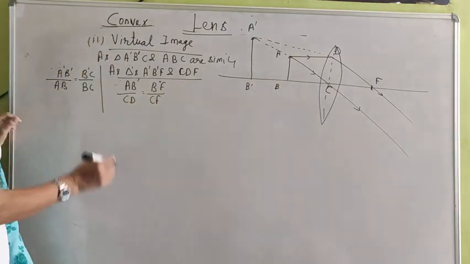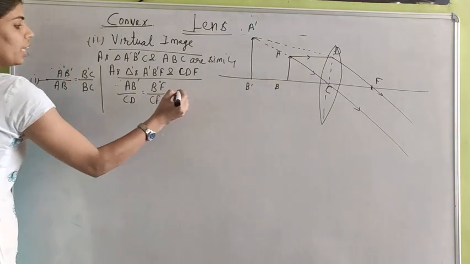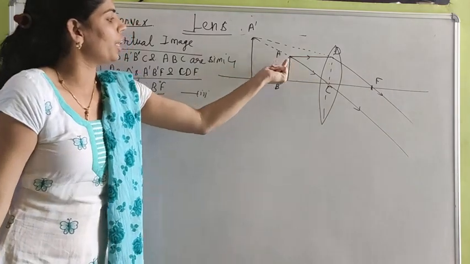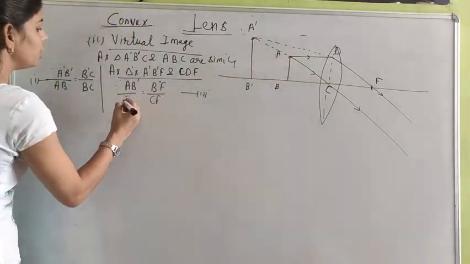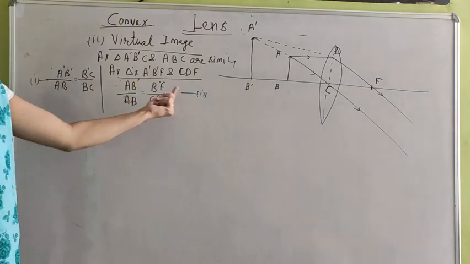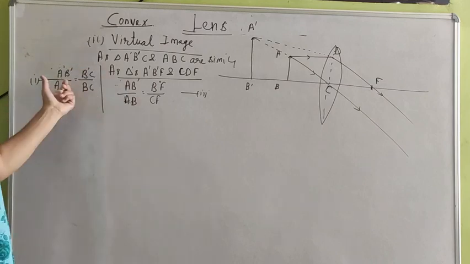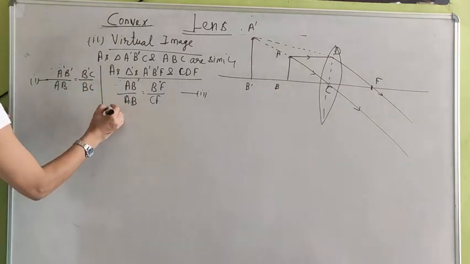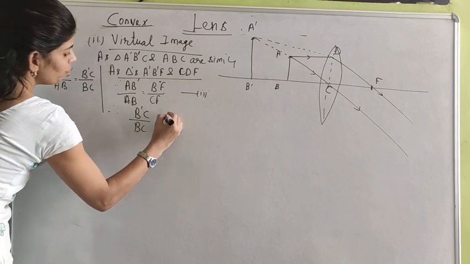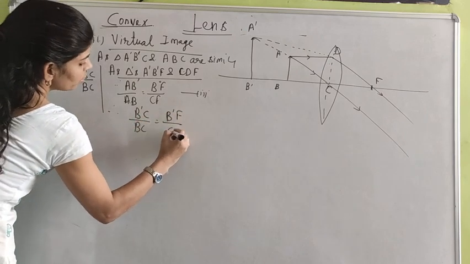This ratio will also be equal. This is the first equation and this is the second equation. Now CD is equal to AB, so we can easily replace CD by AB. On comparing the first equation and second equation, the left hand side of both the equations is equal. Therefore, B dash C over BC is equal to B dash F over CF.